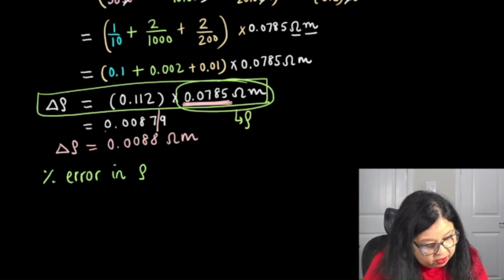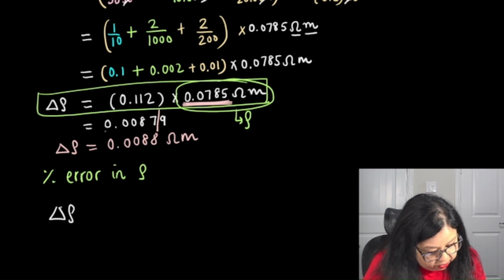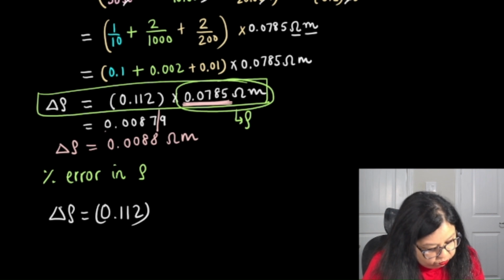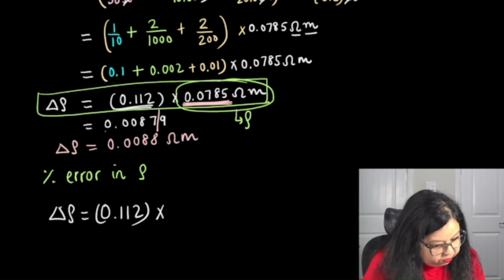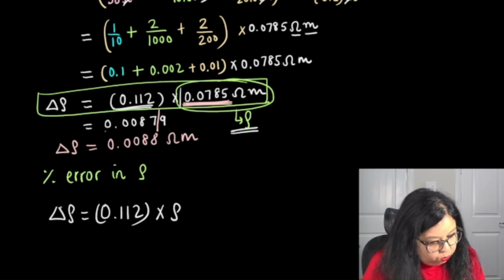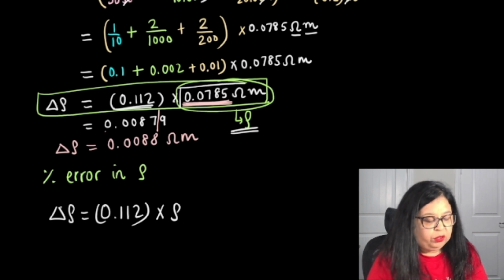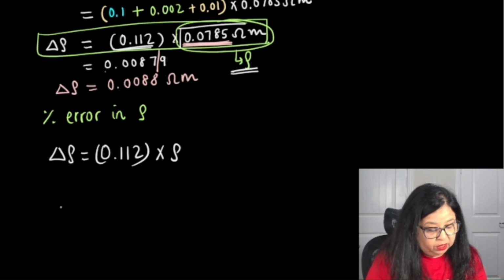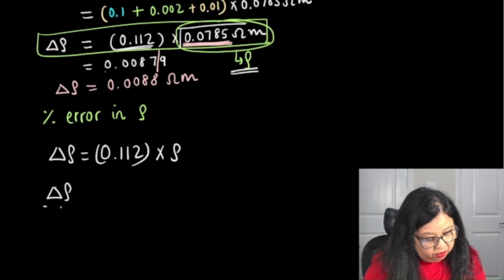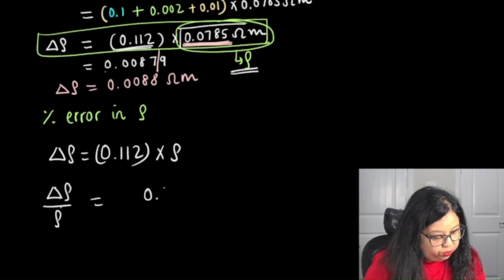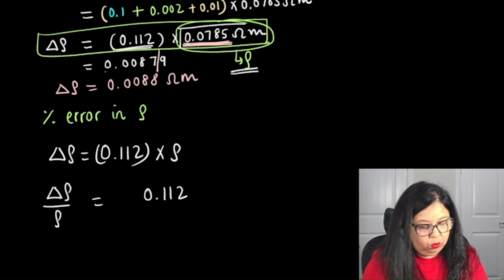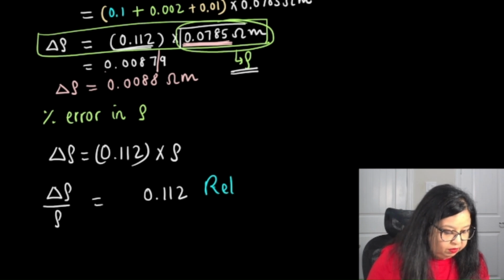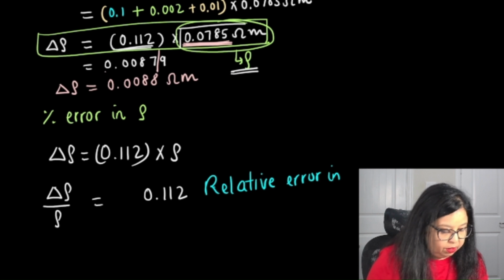So what we have is delta rho equals 0.112 from here times rho, whose numerical value is 0.0785 ohms meter. Now I could rearrange this equation. I could say delta rho over rho equals 0.112. So what does this give us? This gives us the relative error in rho.